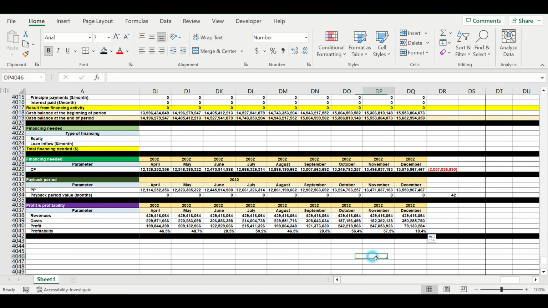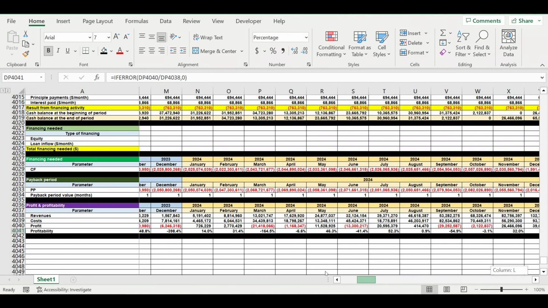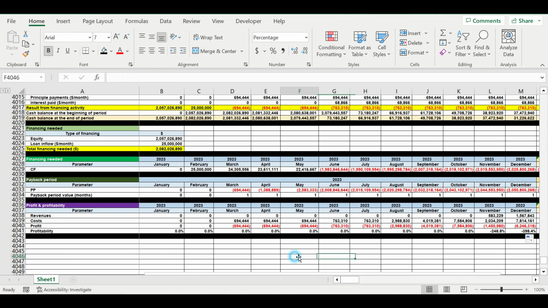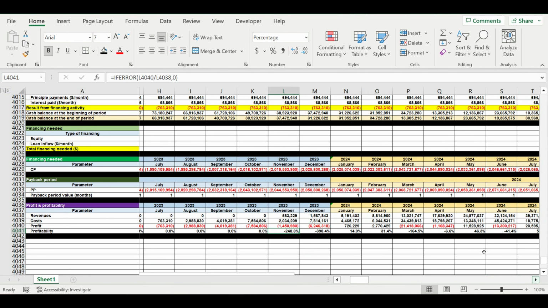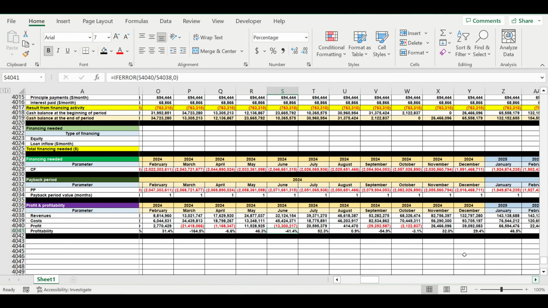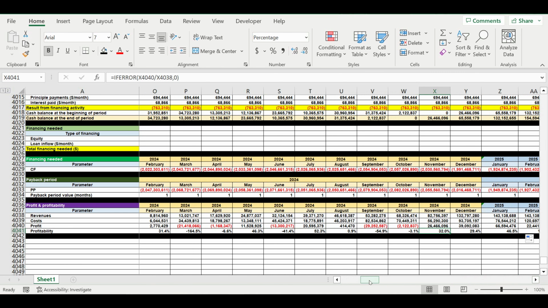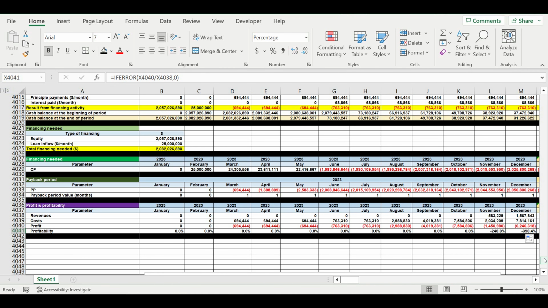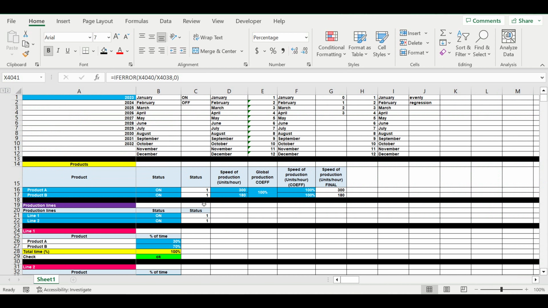Here we can see the total of revenues, total of expenses, profit, and the level of profitability. Now we can see how these values are being calculated monthly. Now what we can do is adjust any inputs.